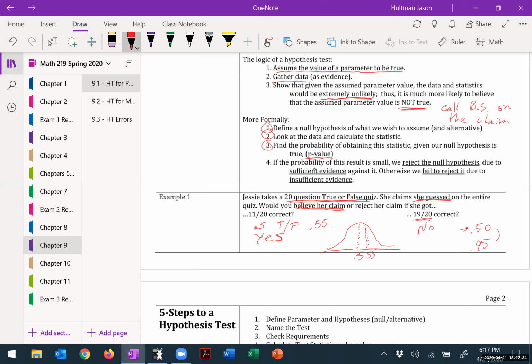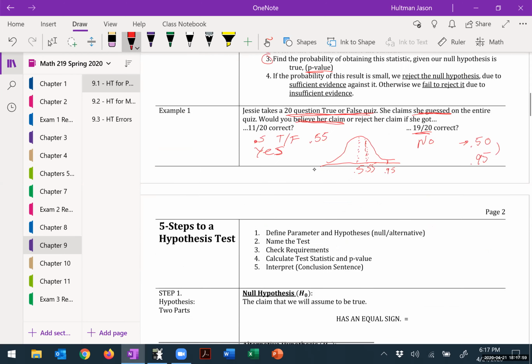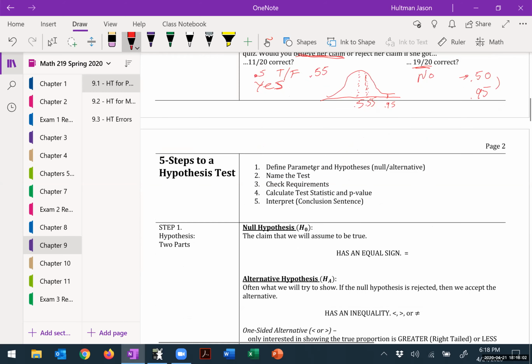Oh, it's not too far. What's the probability that she got 95%? Now we're somewhere way far away, more than 3 standard deviations from the mean. So that's the idea. For proportions, we're going to use a standard normal curve and ask, is it probable or is it not probable? Deal or no deal?